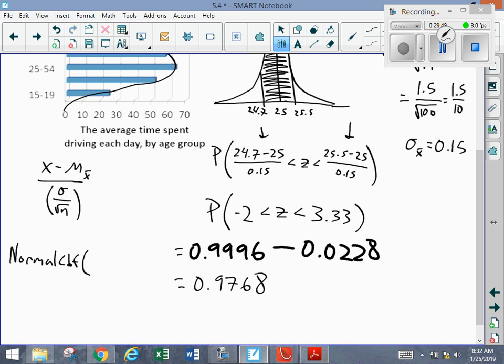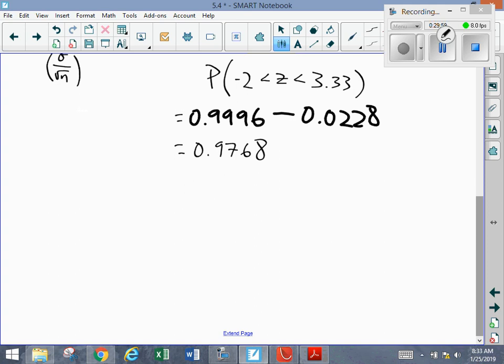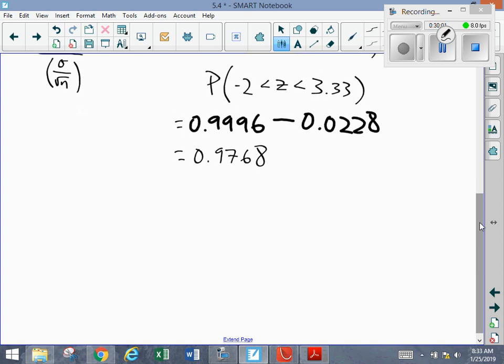Remember, our lower bound is going to be 24.7. I'm going to run out of room to write that, so I'm going to put it below. So alternatively, use the calculator.